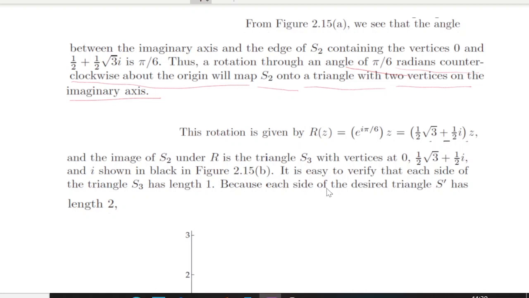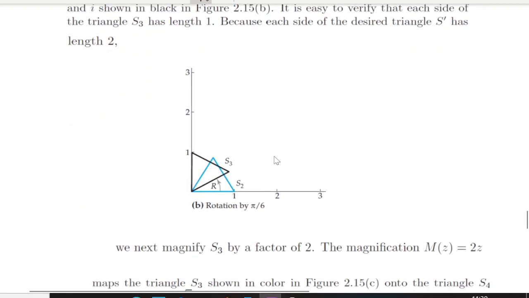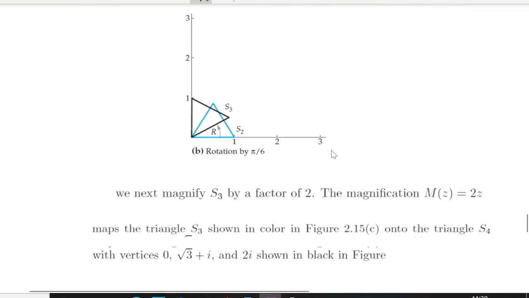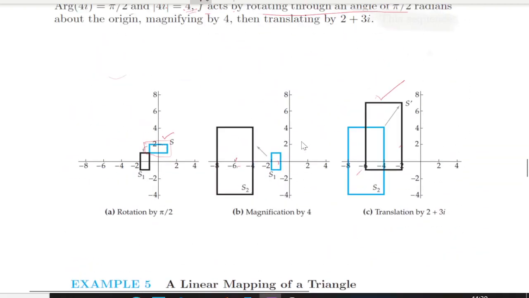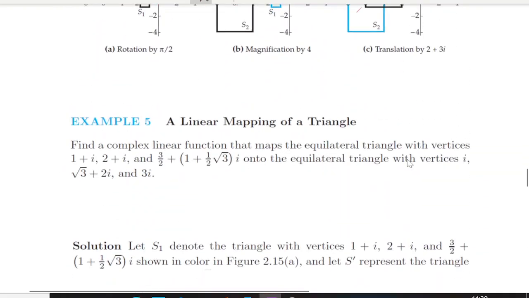Now it is easy to verify that each side of the triangle S3 has length 1. It's true, right? Now, each side of the desired triangle S dash has length 2. Since it is given, we want to find the map that will map this triangle into this.